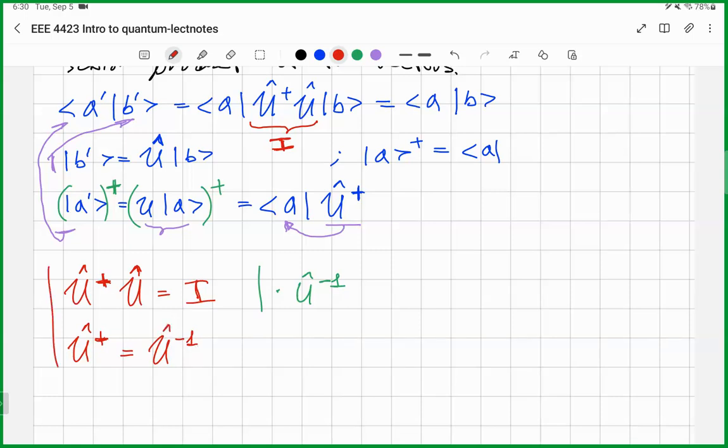So these two formulas are equally important. Basically, they are the same. So a unitary matrix keeps scalar products unchanged.